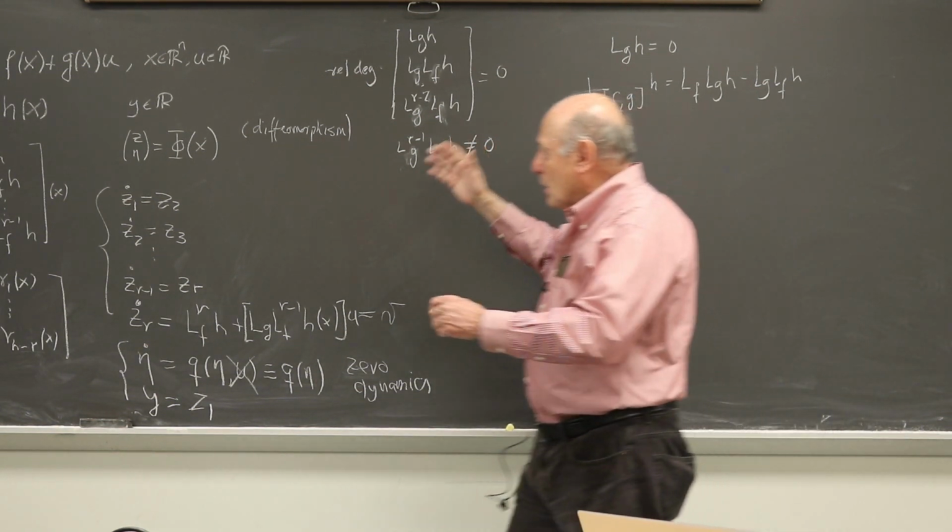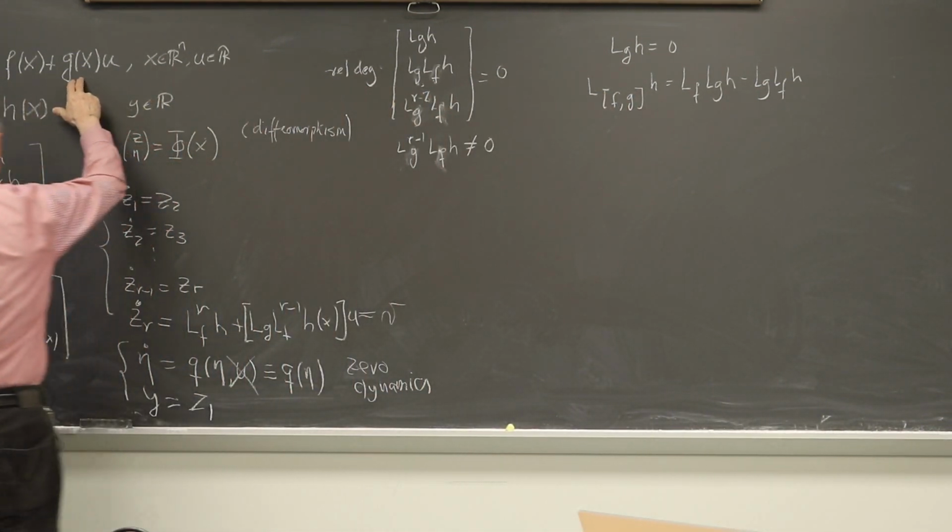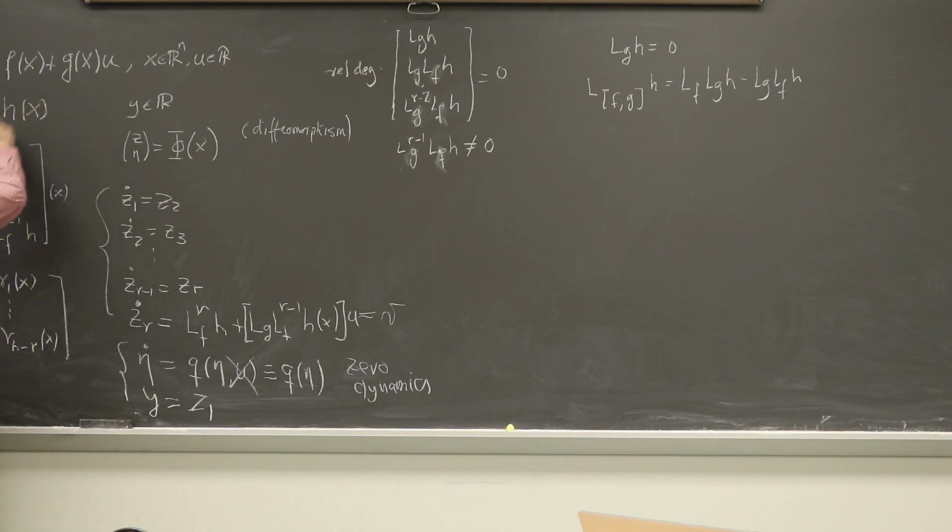g spans a one-dimensional subspace of a tangent space, and f also spans a one-dimensional subspace of a tangent space.